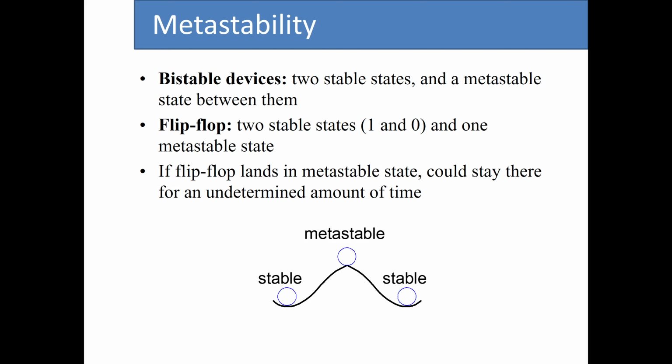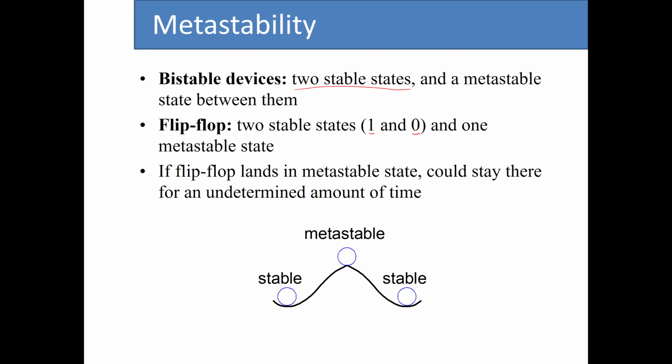For bistable devices, we usually have 2 stable states and a metastable state between them. A flip-flop is an example of a bistable device. We have two stable states, either the output is 1 or 0, and one metastable state.